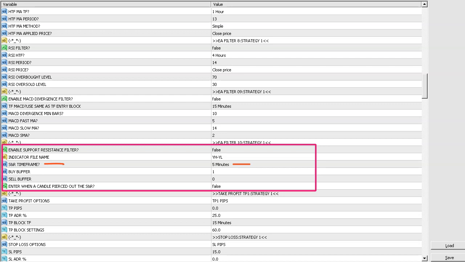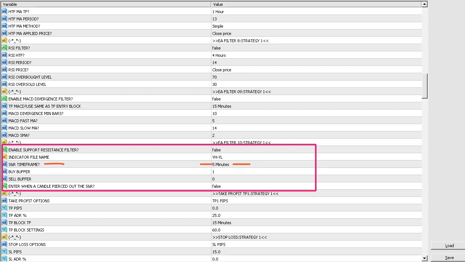If the support and resistance is different on 5 minutes, on 15 minutes, and so on, then you're going to choose whatever time frame you want the market to enter. If you're entering on a 5-minute block, but you want to use a 1 hour support and resistance, then you can do that. So you can change this depending on that type of support and resistance.